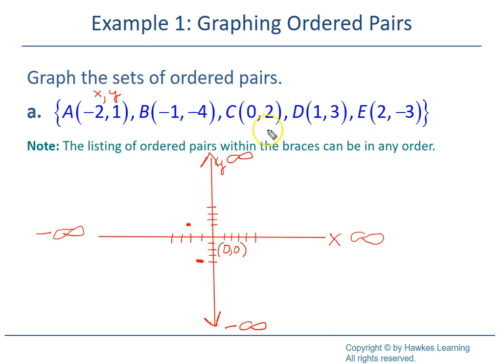And so on and so forth. For this one, C, it's 0. Again, this is our x value, and this is our y value. So you stay at 0, you just go up 2 and put a dot there. Now, I didn't make these equidistant, so it's just to show.